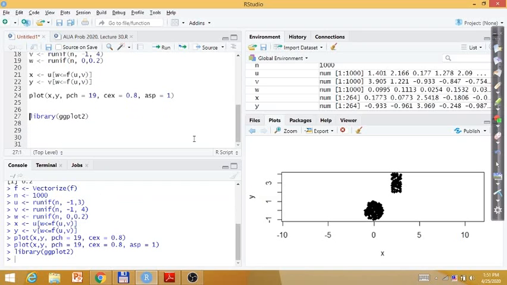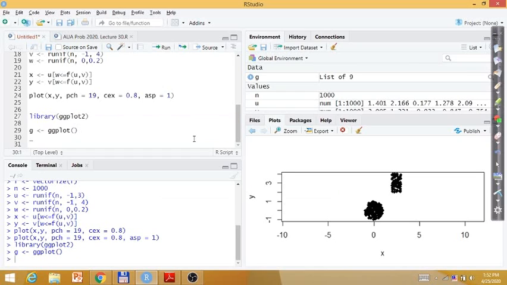I have imported that library. So I'm doing the following. Say I am opening an empty ggplot, g.